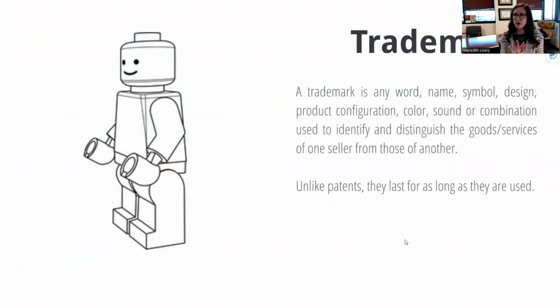So trademarks are also my favorite. They interact a lot with design work. We see designs, as you can see, this looks a lot like a design patent, but it's a trademark. And trademarks can function in odd ways.